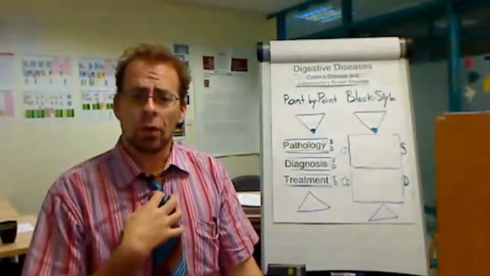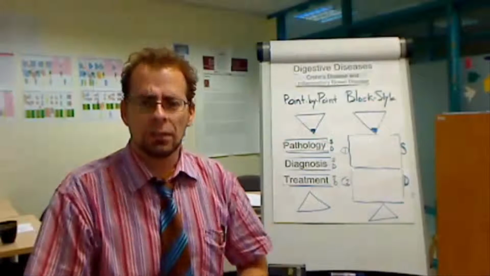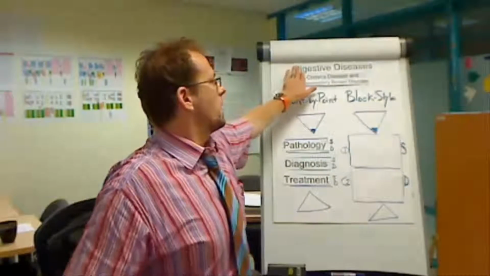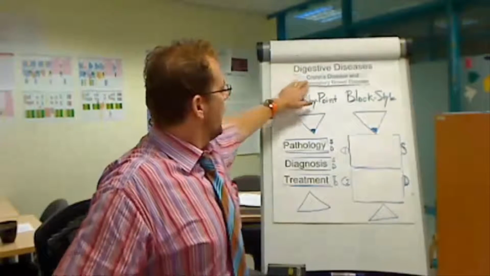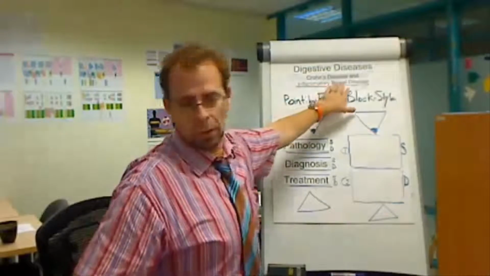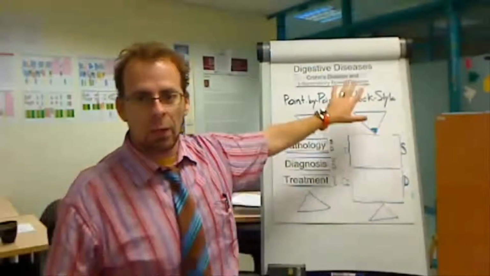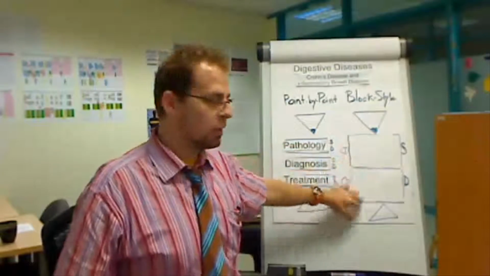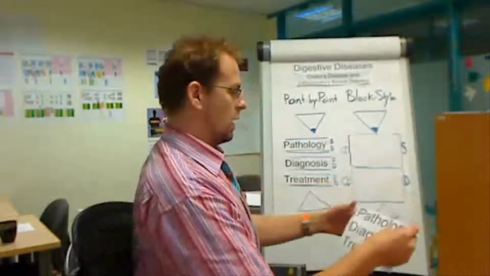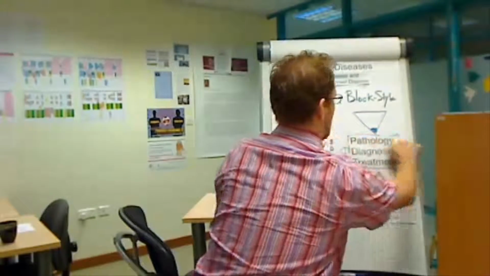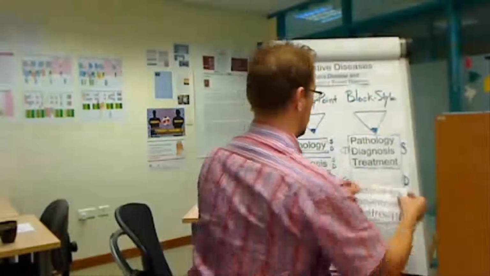I personally don't know the details of these diseases, but just for example, our main heading is digestive diseases, and then we're going to talk about Crohn's disease and inflammatory bowel disease, and we're going to do a compare and contrast essay, and we're going to do it in block style. In that case, we have it like this.